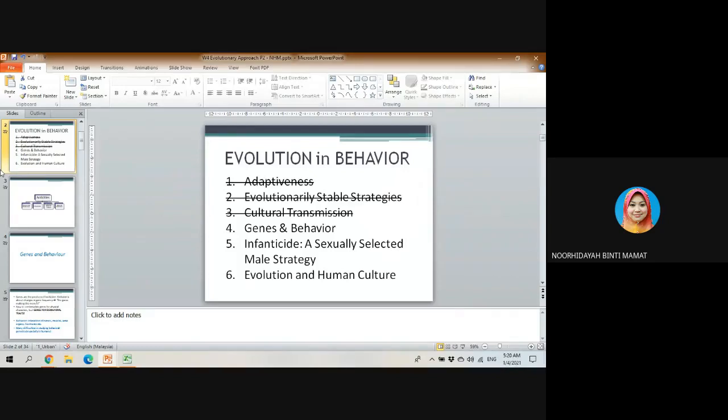So in the last lecture, I talked about evolution and behavior, about adaptiveness, the ESS, which is the evolutionary stable strategies, and cultural transmission. So for today, we are going to continue with genes and behavior, and infanticide, which is a sexually selected male strategy, and the last one is evolution and human culture.